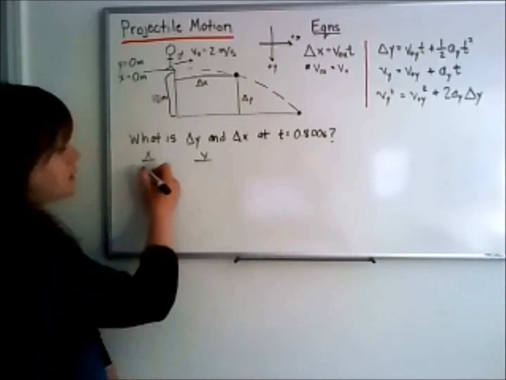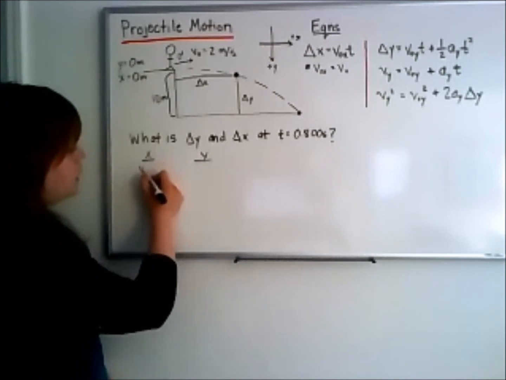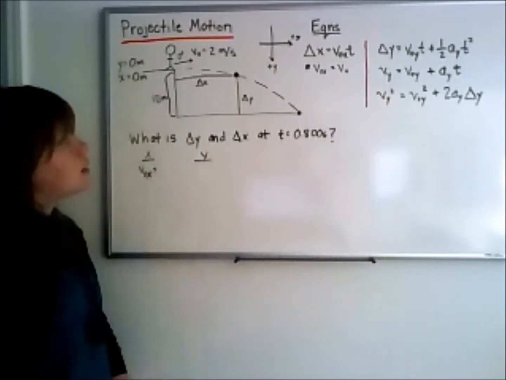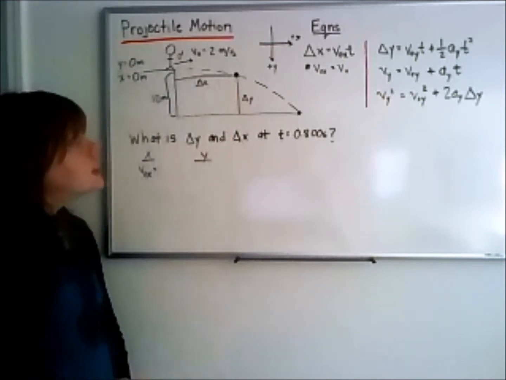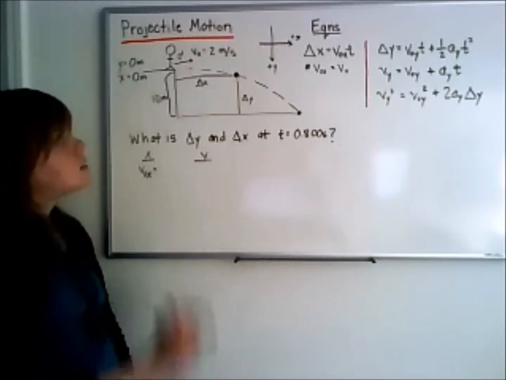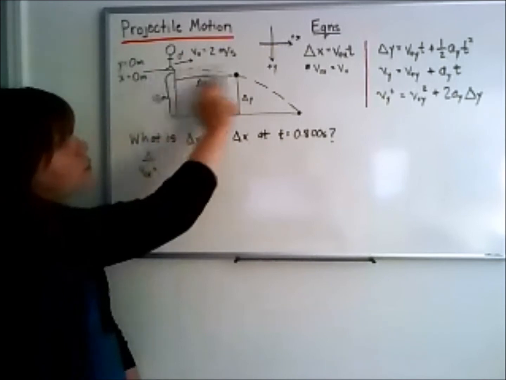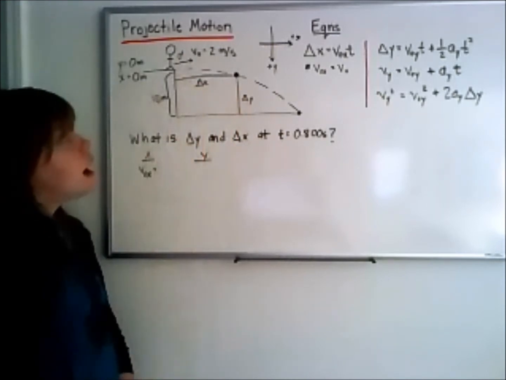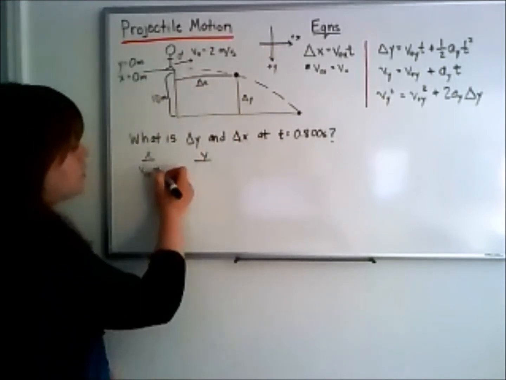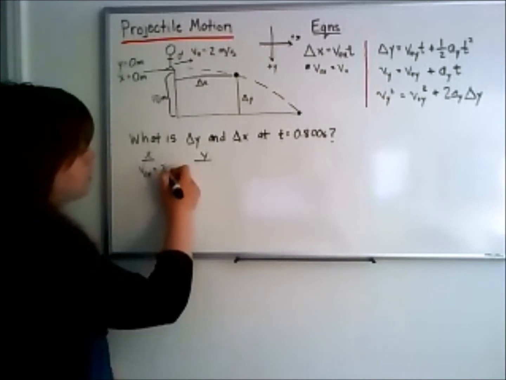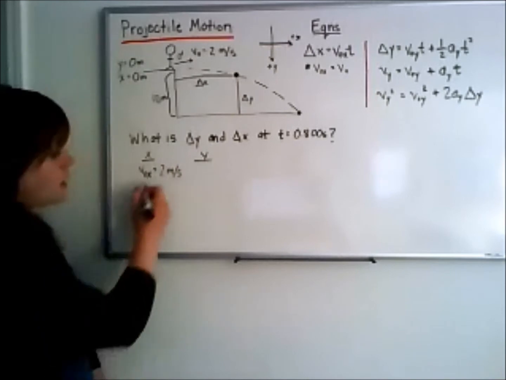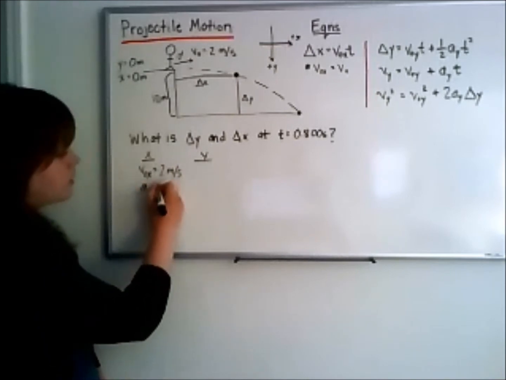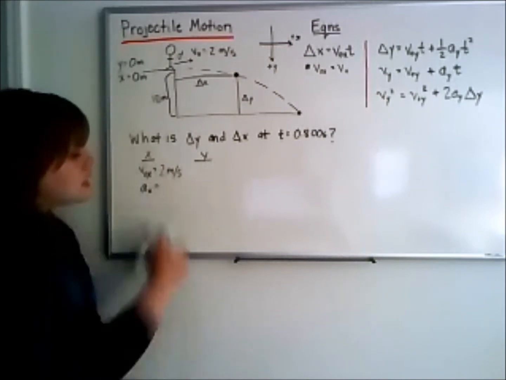So the first piece of information we need is our initial x velocity, so this horizontal velocity. Now he is jumping off, as the problem stated, horizontally with a 0-degree angle, so v naught x will simply be 2 meters per second. The acceleration in the x direction, in this case, will be 0.